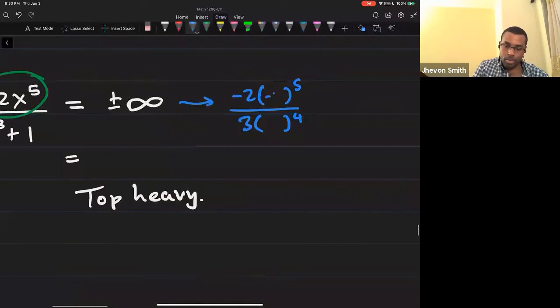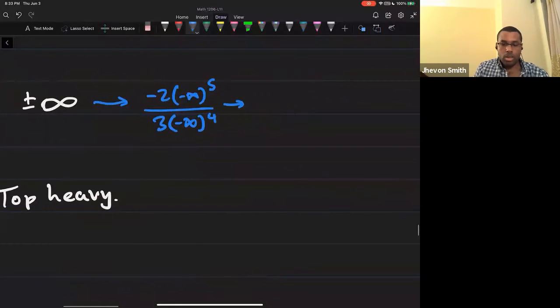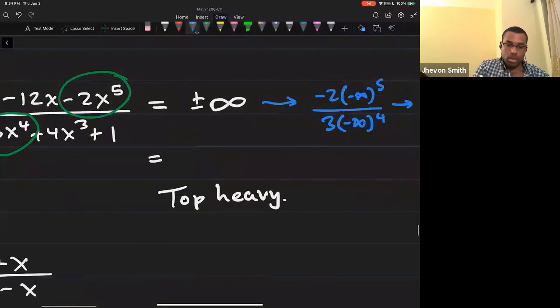Negative infinity. Negative infinity raised to the 5th power stays negative because it's an odd power, times a -2, that's a positive. Negative infinity raised to the 4th becomes positive, so that's also a positive. So that's just a positive number. So again, positive infinity.